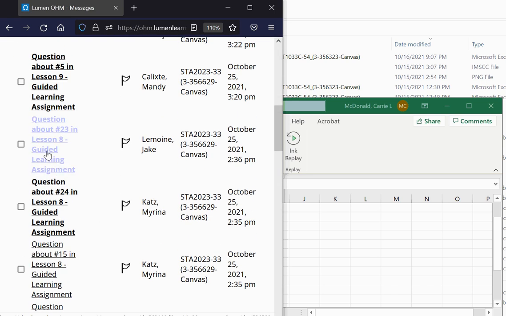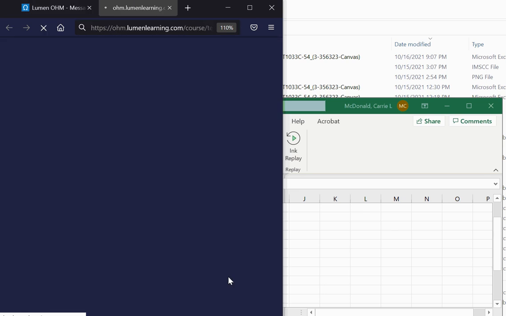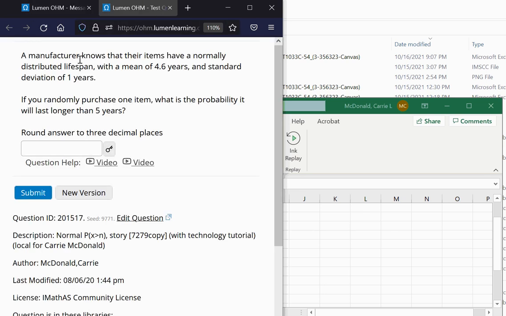Number 23 from lesson 8. A manufacturer knows that their items have a normally distributed lifespan with a mean of 4.6 years and a standard deviation of 1 year. If you randomly purchase one item, what is the probability that it will last longer than 5 years?